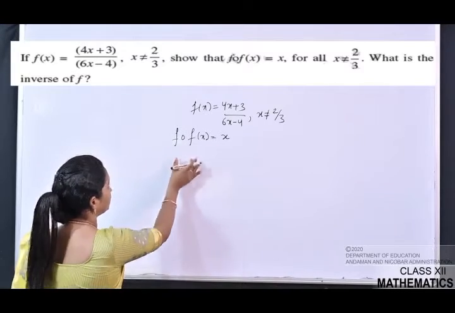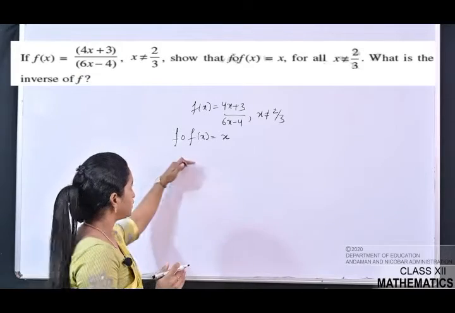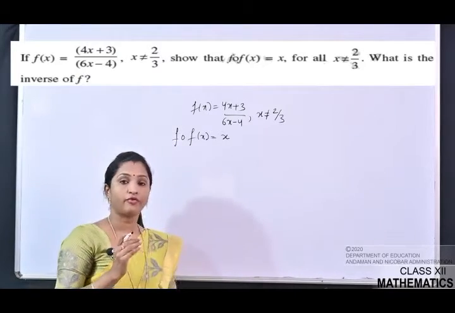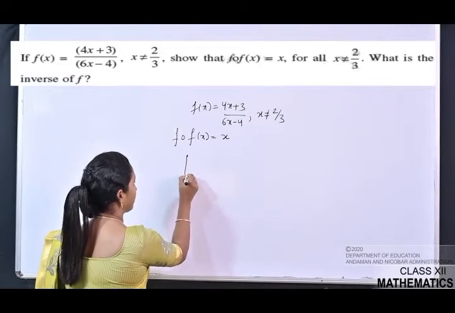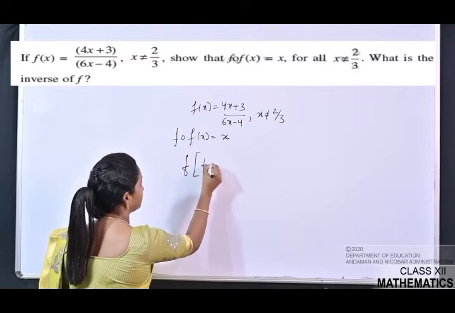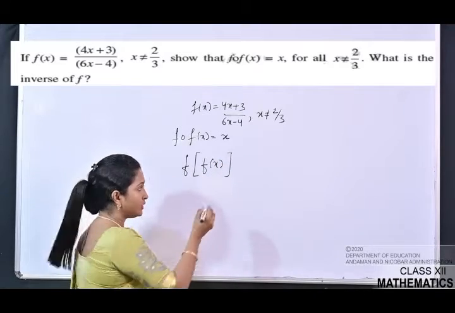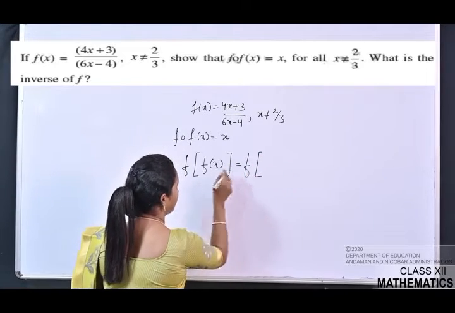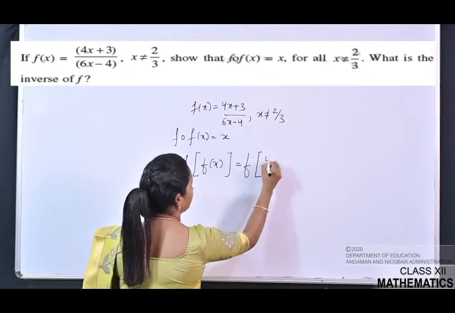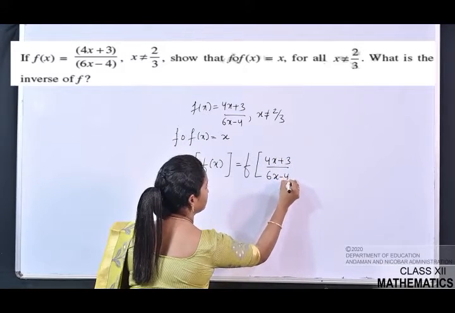Now how are you going to prove the first part? The second part is what is the inverse of f. But the first part is you have to show that fof(x) is equal to x. Now fof(x), according to the definition of composition, is nothing but f of f(x), which is equal to f of, what is f(x)? f(x) is given to be (4x plus 3) by (6x minus 4).